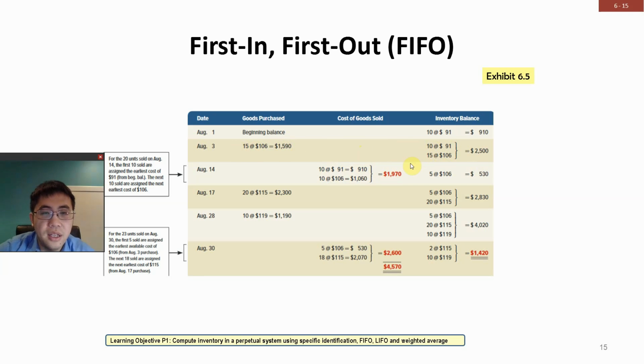All right. And then you have another sale right here, another 23 units. So basically, that means still you need to go with the oldest merchandise. Remember, after the first sale, we still have 5 units left. Do you see the inventory balance after the first sale is a 5?